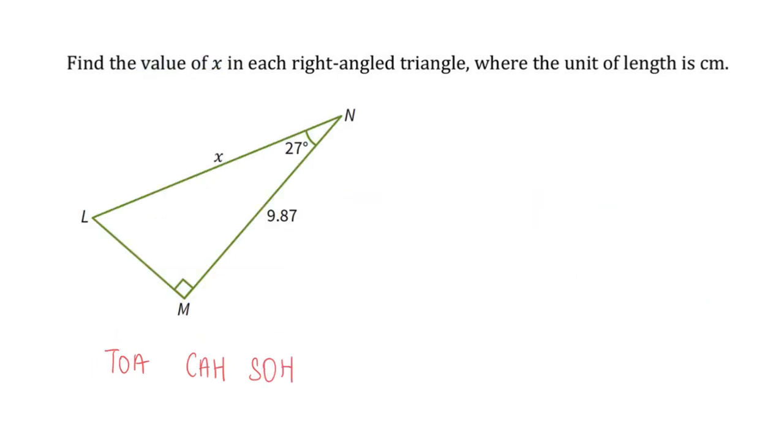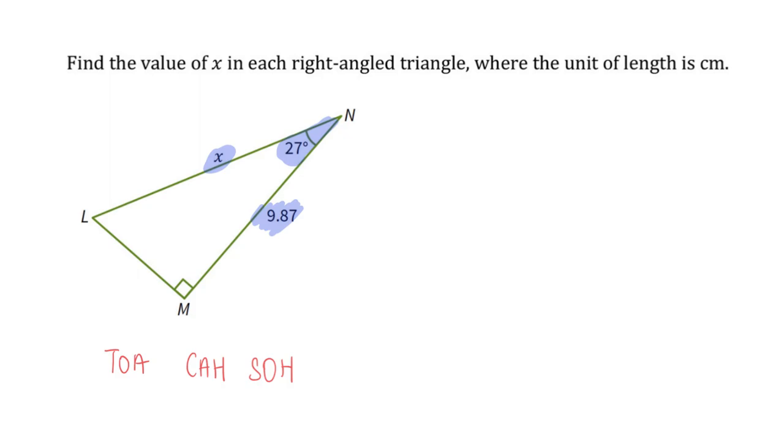Hello everyone, welcome to this problem where we are required to find the value of x in this right angle triangle, and we are also given 9.87 for this length, and one of the angles here is 27 degrees. Now, with respect to this 27 degrees, I'm going to start to identify the sides.